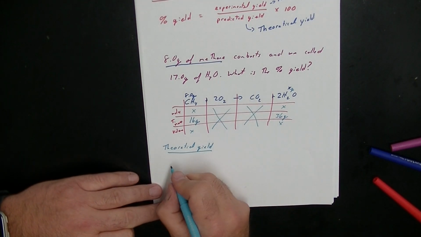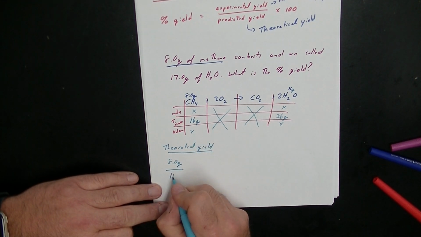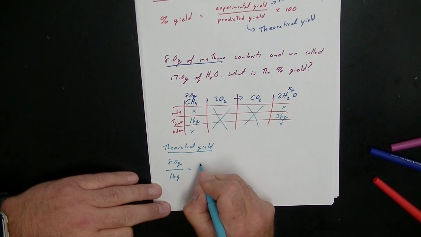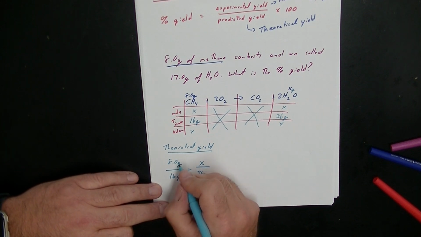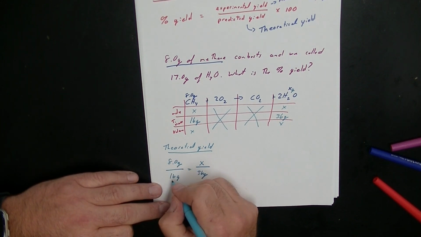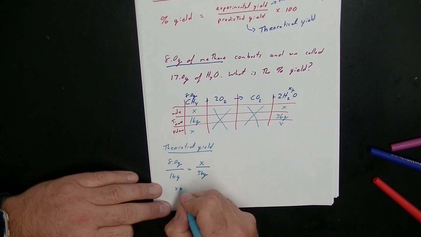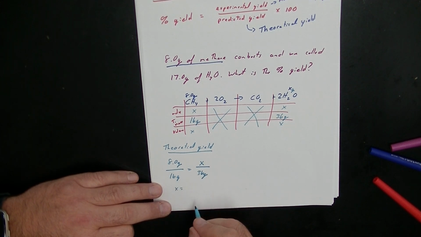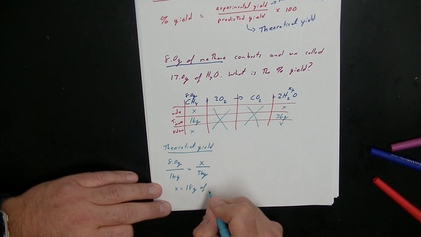I'm going to take 8.0 grams over 16 grams equals X over 36 grams. This is of my methane, this is of my water, and when I cross multiply, it turns out I should have gotten 18 grams of water.